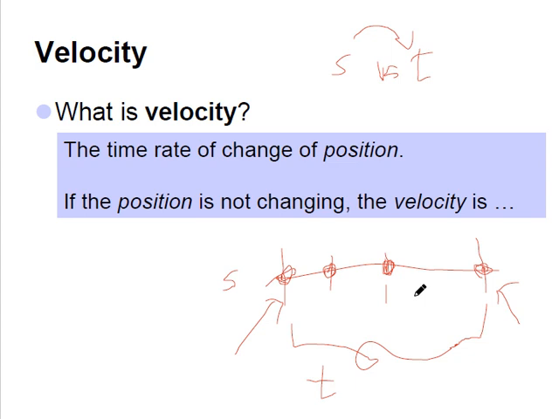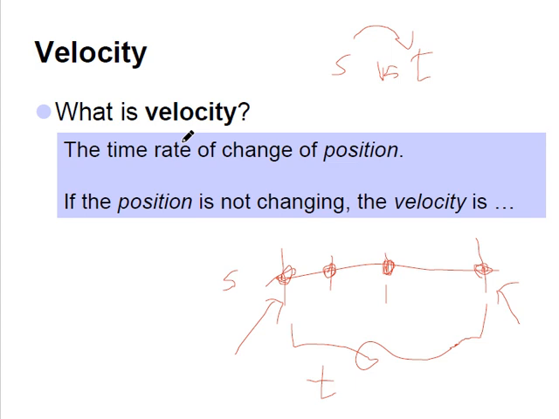So we know that this is a coordinate numbered line, and we have a particle that we're studying, and now we are going to study it against time. With respect to time, we're going to pay attention to the change of that particle's position over this time interval, and that is velocity. Got it?